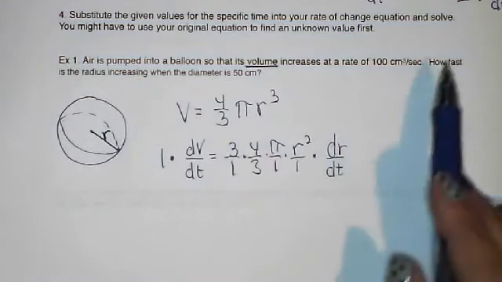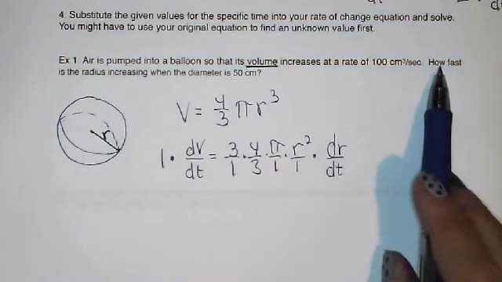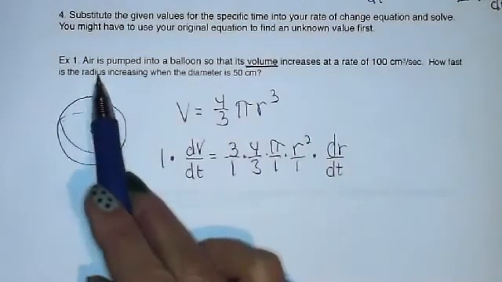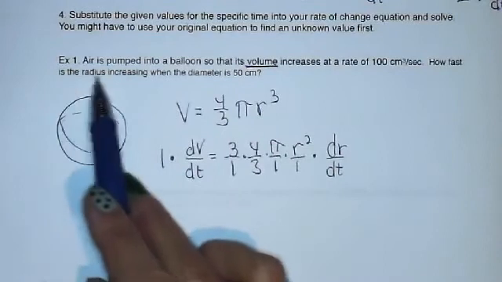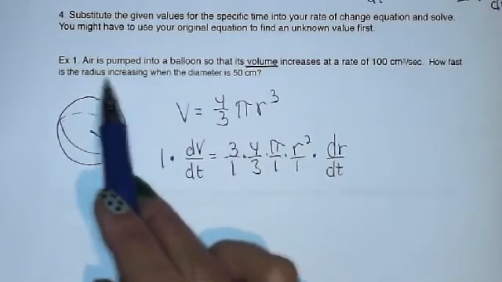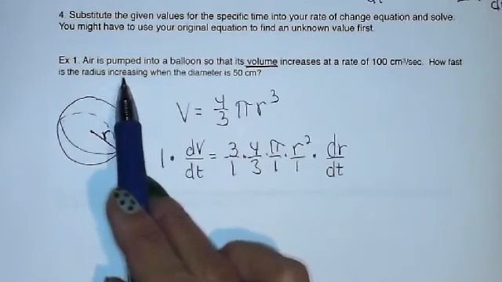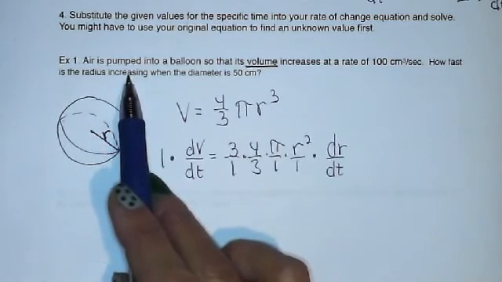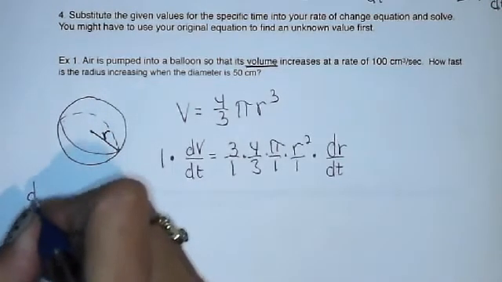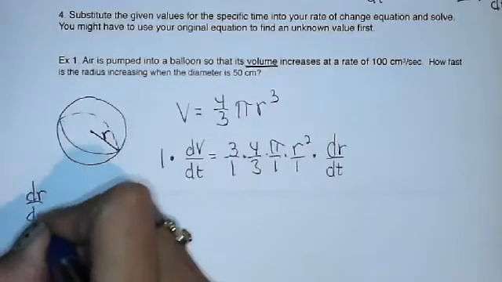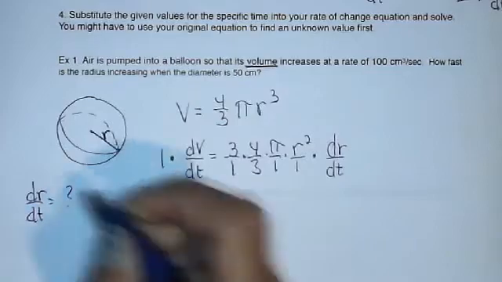Okay, now at this point, we've got to see what's given and substitute in. So what we're looking for is how fast is the radius increasing when the diameter. So how fast is the radius increasing? That's our dr/dt. So we are looking for dr/dt.